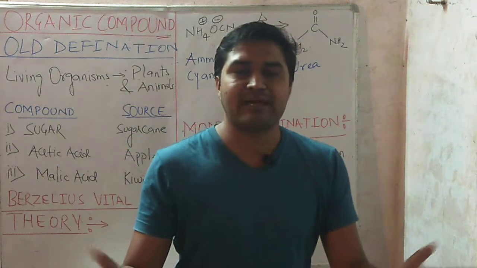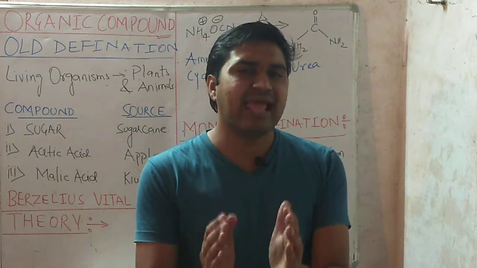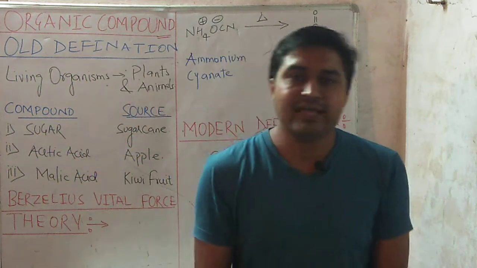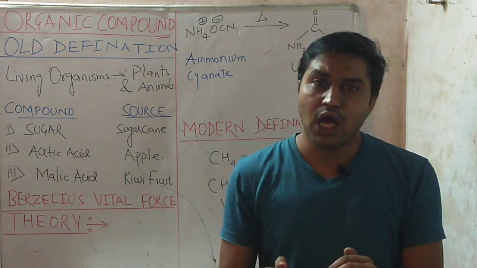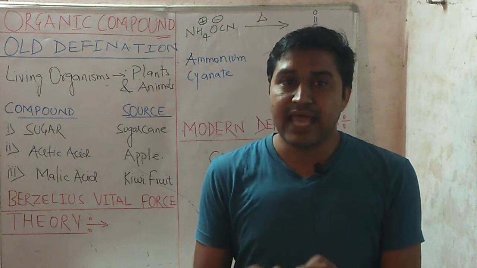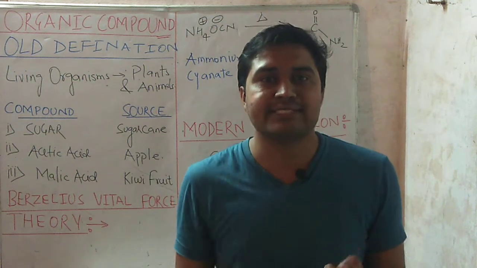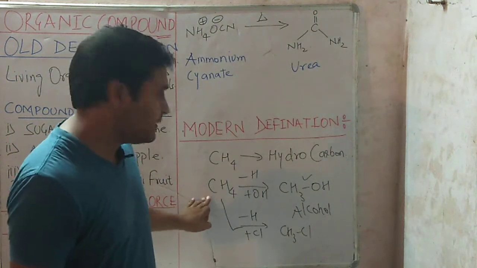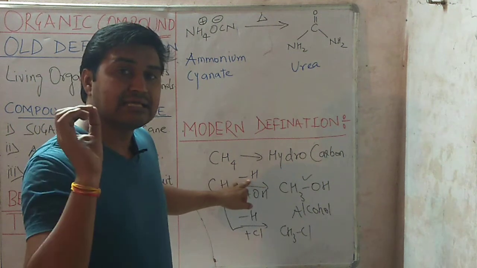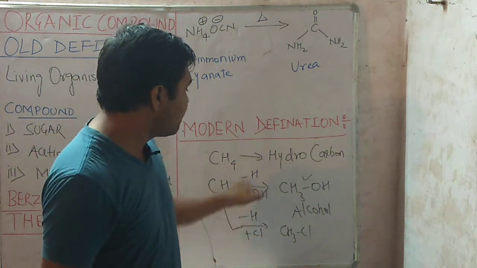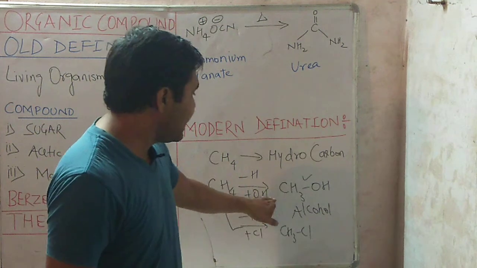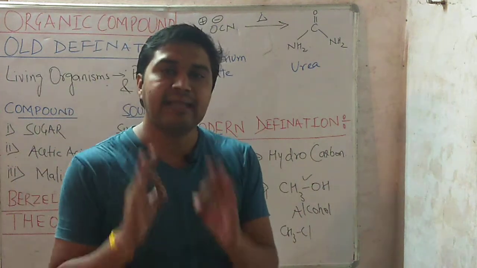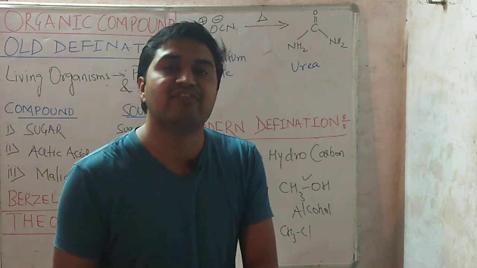Now what is a hydrocarbon derivative? If you replace one hydrogen or more than one hydrogen with another atom or group of atoms, then your newly formed product is known as a hydrocarbon derivative. So this is methane. If you replace one hydrogen with the group of atoms OH, then CH3OH, which is alcohol, is your newly formed product and it is a hydrocarbon derivative.